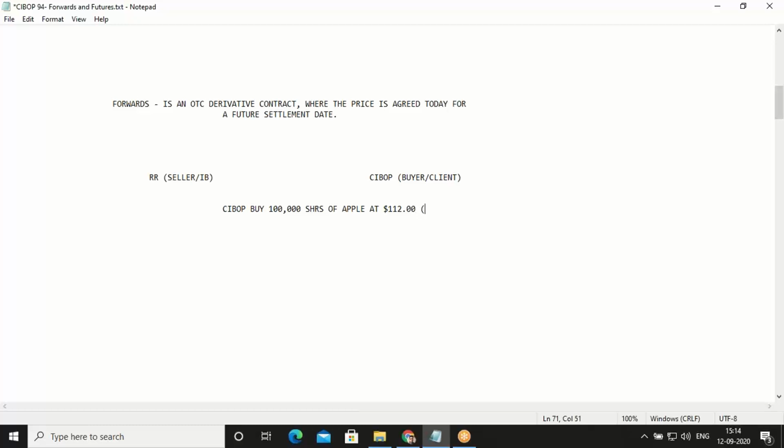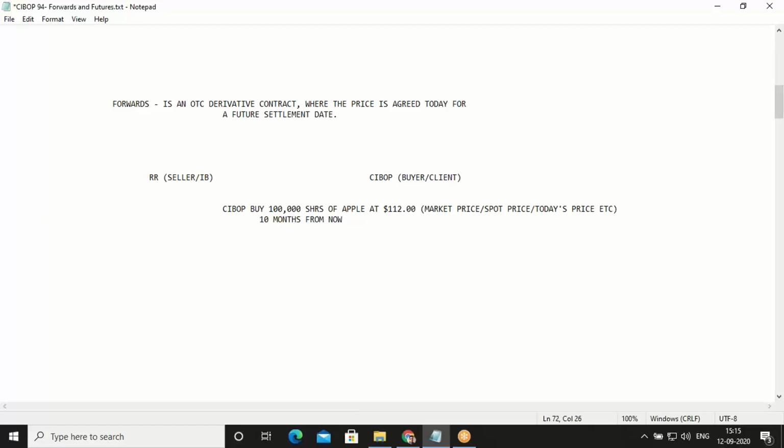Now, where did we get this $112? It is the market price, spot price, today's price. It all means the same thing. So you're going to buy 100,000 shares of Apple at $112, let's say 10 months from now.